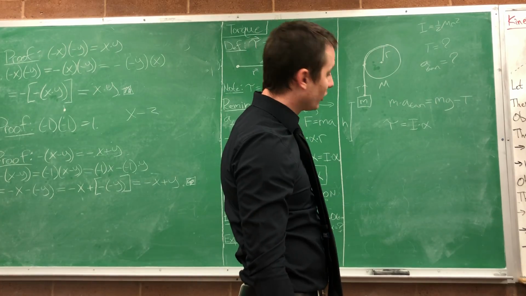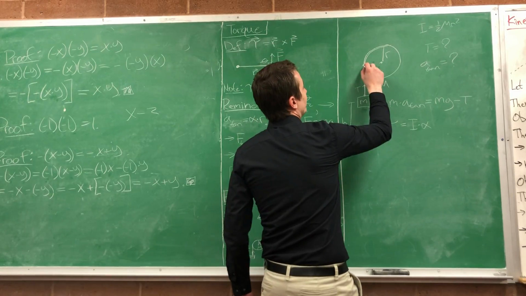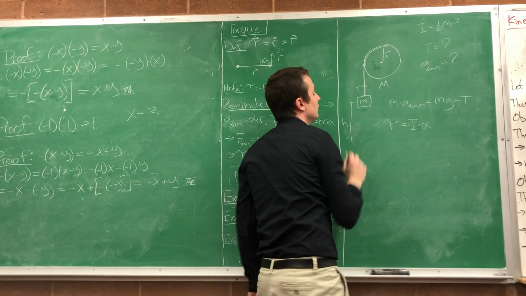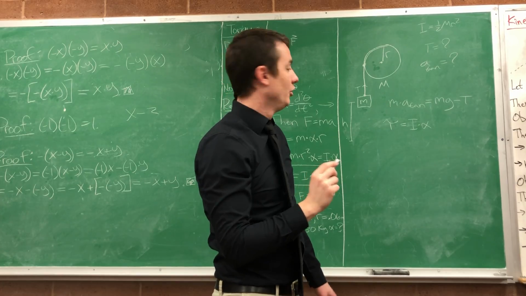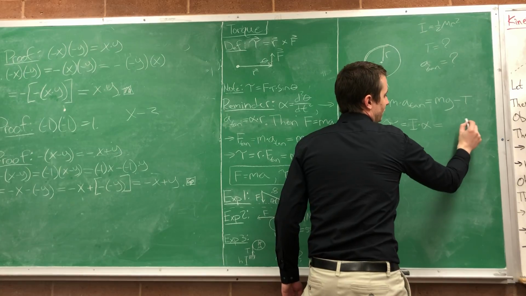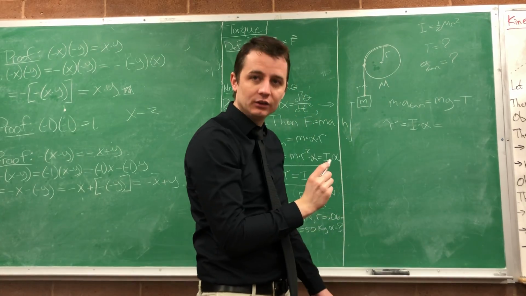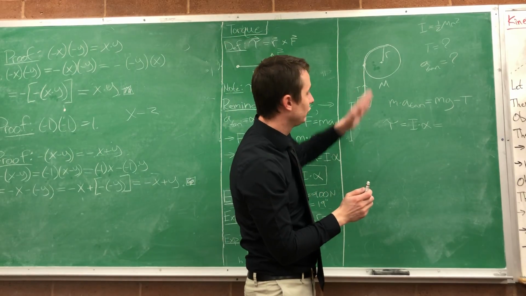Now, what is the torque on that going to be? What's the force that's going to create torque here? Remember, another way that we represent torque is some force times r times the sine of the angle between them. What's the force that's producing torque here?